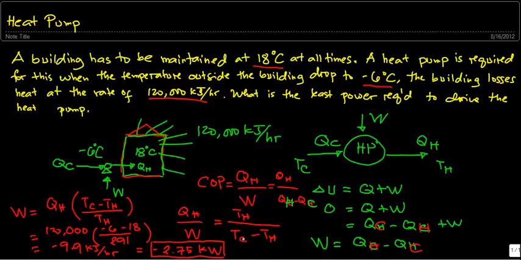And therefore, in terms of temperature, this will be TH minus TC. It must be TH minus TC. So it should be 18 minus negative 6, and therefore they become plus. Eventually, we're happy that the result is exactly the same, just changing the sign. And that's okay.